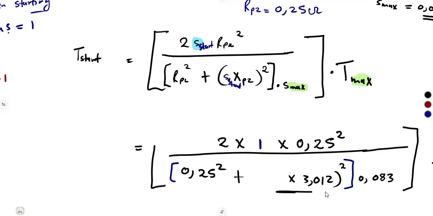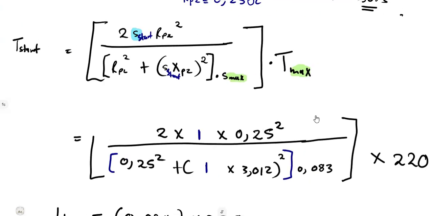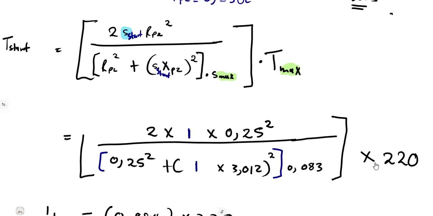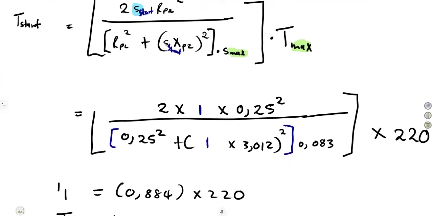But here on our reactance now, it's the slip times reactance, and the slip there is the one at starting, which is our 1. So we're going to use this one. It is the one that is affected. The maximum slip is not affected, together with the maximum torque, because we are working at maximum torque.